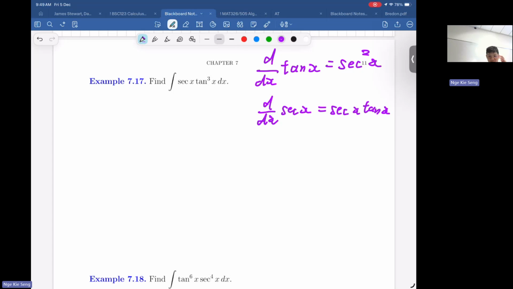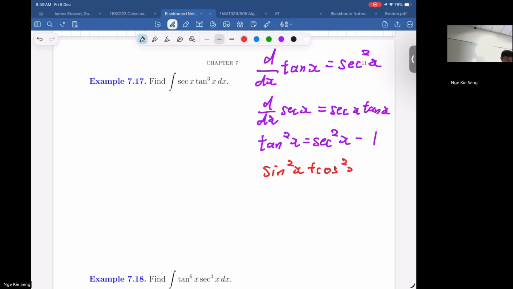Any others? For example, tangent square x equals secant square x minus 1. How do you get this? Like what I said just now, this is from this master formula here. This master formula is describing a unit circle.